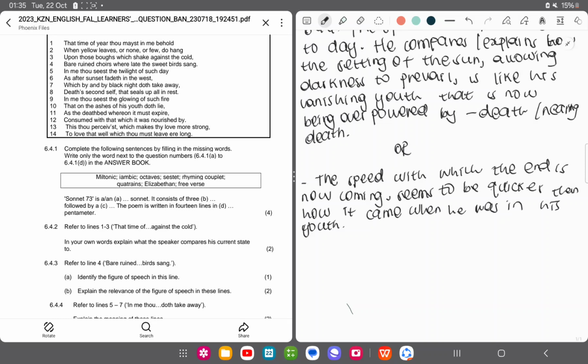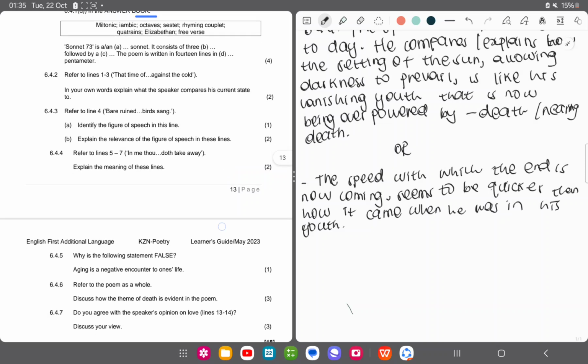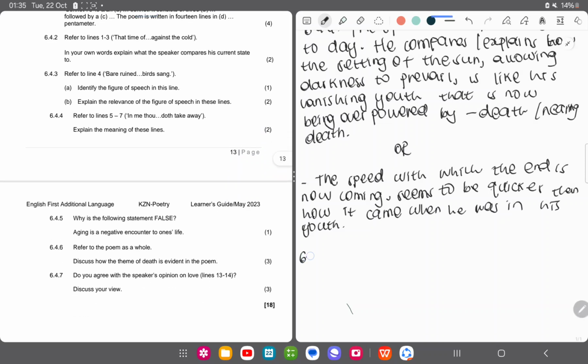Right, so let's move on to 6.4.5. Question 6.4.5 says, why is the following statement false? Aging is a negative encounter to one's life. Is it?